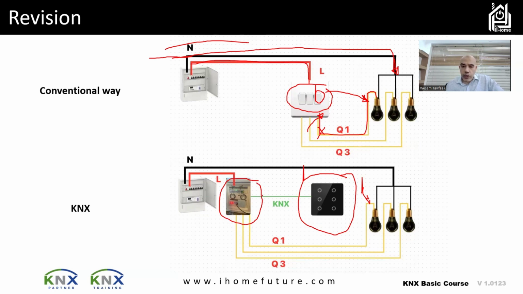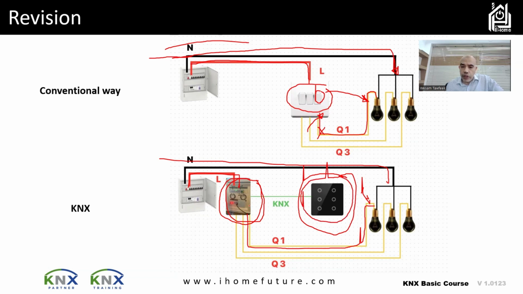The neutral is going the same way to the load, as you can see. Same connection as above. But the line is not going to the switch anymore, it's going to this KNX actuator or switch. This KNX actuator is connected to the lamps. And then there are different keypads here, which the user will see.